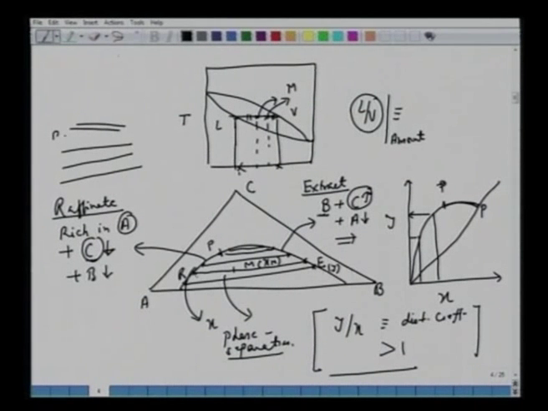For any of these R and E, we can also apply the mixing rule. If you take this M and want to write down how much extract and how much raffinate is formed, you still apply R plus E as M, with R, XR, and E, Y. Generally we like to use Y for the extract phase.